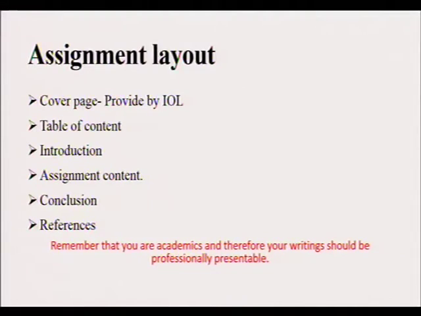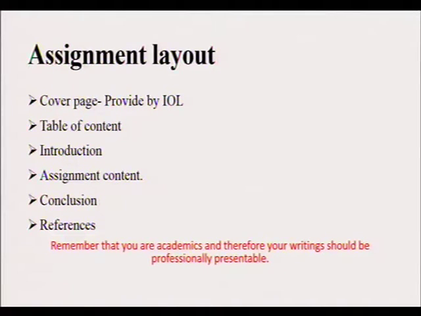Let's start with the assignment layout. First of all, your assignment must have a cover page that will be provided by Iol, and then I need you to have a table of contents to direct readers to what you have written in your assignment.